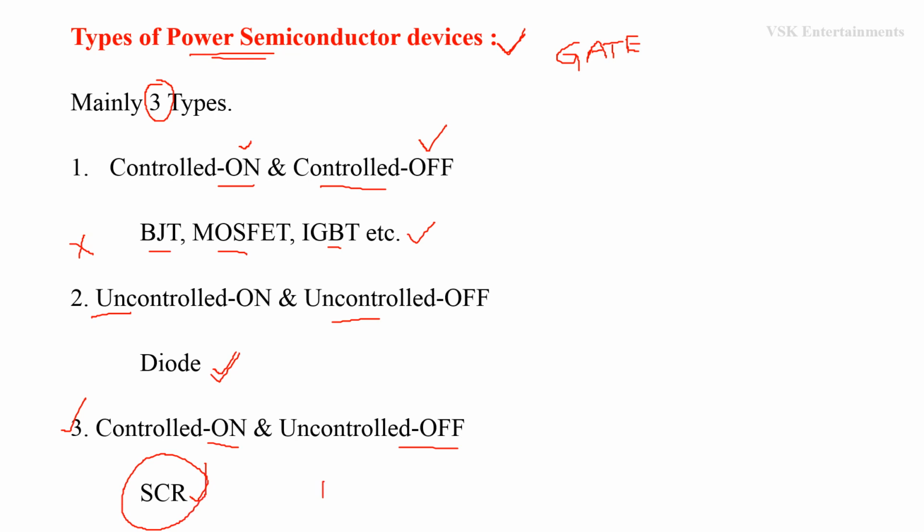This is also known as the thyristor. This is the classification of power semiconductor devices depending upon the control strategies. They are classified into three types. The first one is controlled on and controlled off. The second one is uncontrolled on, uncontrolled off. The third one is controlled on, uncontrolled off.